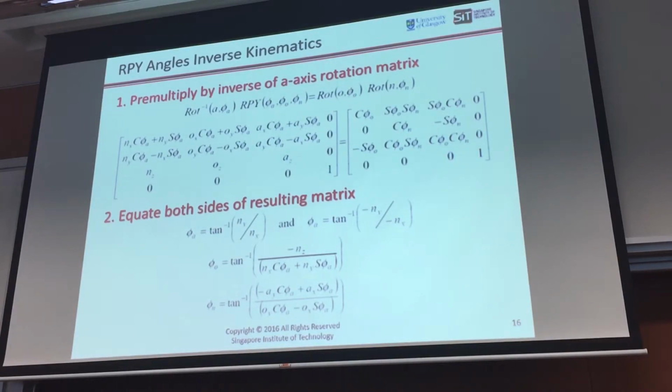Those are the things that will be given to you, this element information. But by bringing over this matrix, you notice that some of the terms you can do by comparison. But this is not so straightforward. Again, I need to emphasize that we will still need to go back to this CAST diagram because there will always be a few sets of solutions for your angles. When I go through the example, you will understand more.